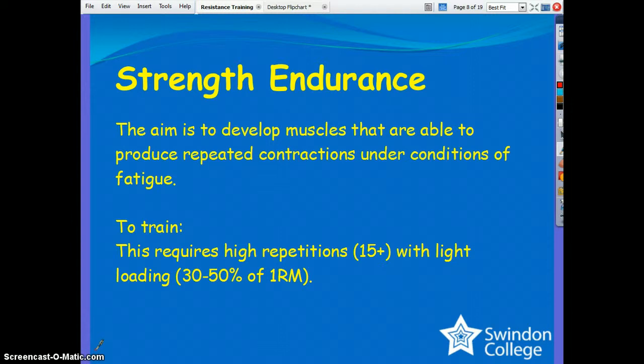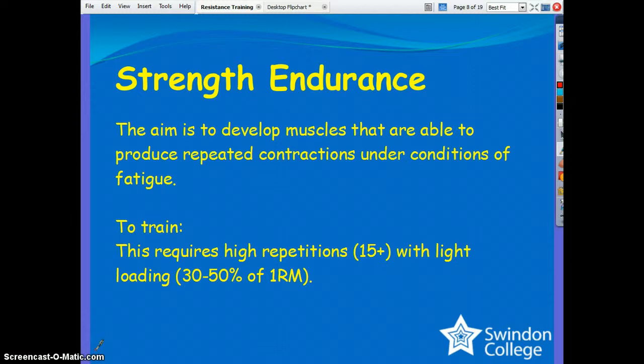So to do this, we would work the muscles by having high repetitions, so over 15 repetitions with quite a light loading. So 30 to 50% of your 1 rep max. 1 RM stands for 1 repetition max, and that is the most amount of weight you can lift with just 1 rep.